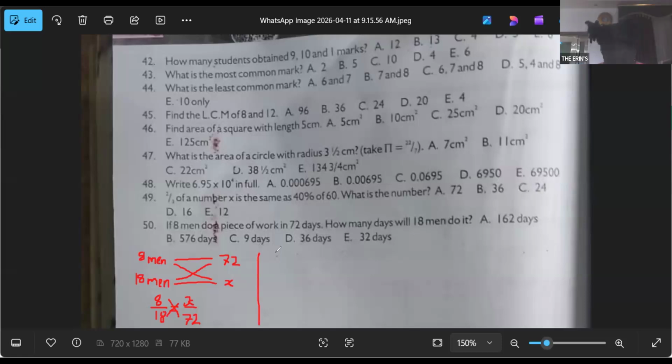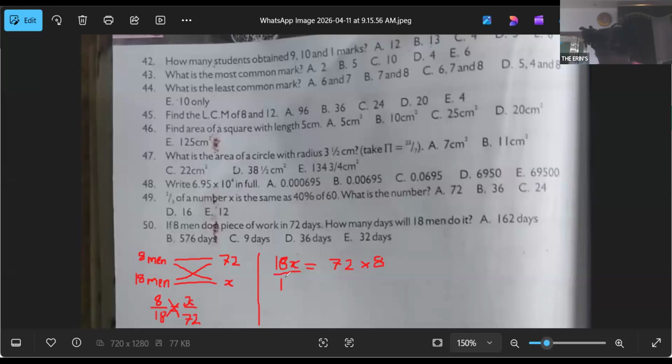We'll have 18x equals 72 times 8, right? Yes, sir. Okay, equals 72 times 8. Then what do we do to both sides? We divide both sides by 18.